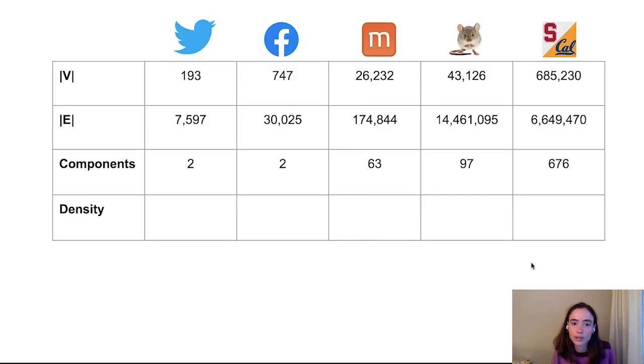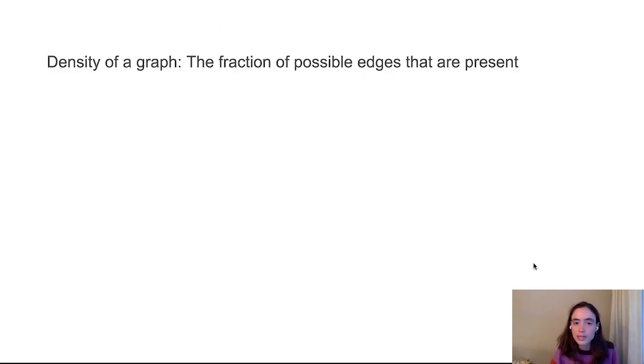So another statistic that can be very useful to quantify some of our intuition is the density of a graph. The density of a graph is just defined as the fraction of possible edges in the graph that are present.